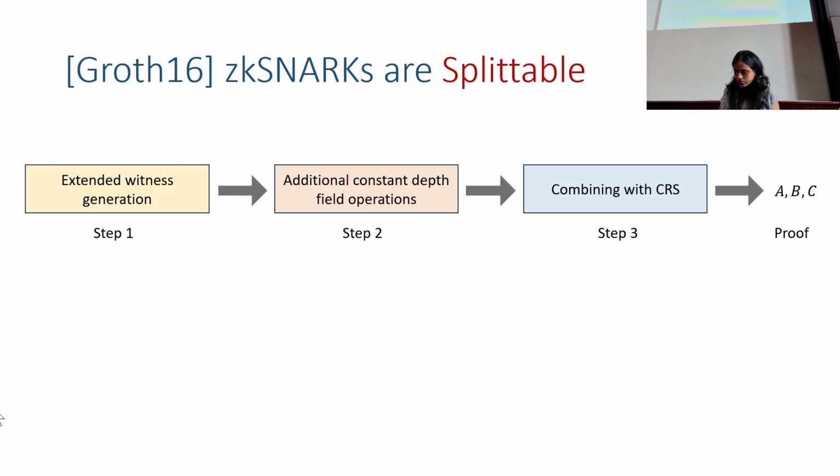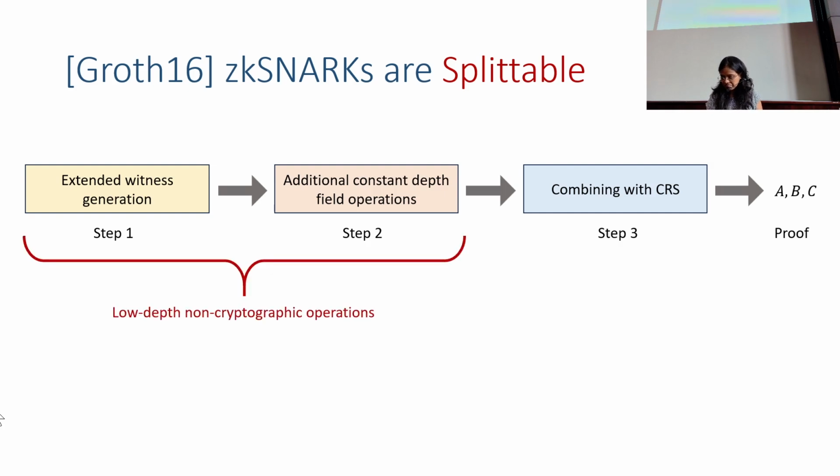Okay, so I said Groth16 satisfies all the structural requirements of a splittable SNARK. That's because these first 2 steps together are just low-depth non-cryptographic operations. The generation of the extended witness can be computed in the same depth as the relation circuit, and in addition we only require some constant depth field operations.